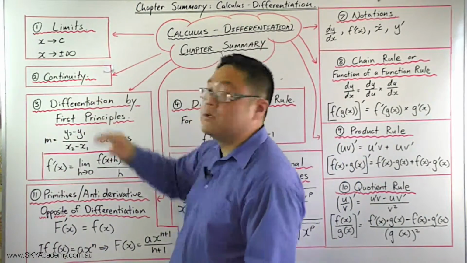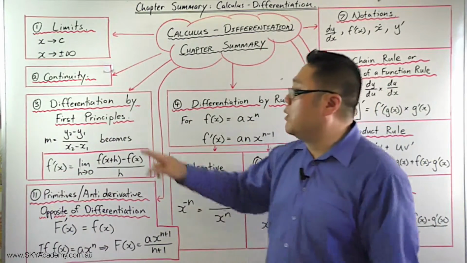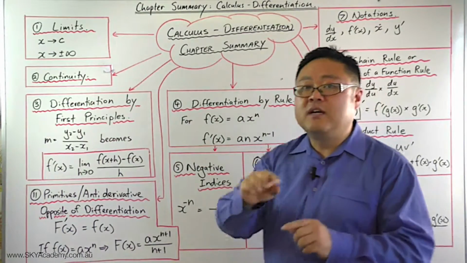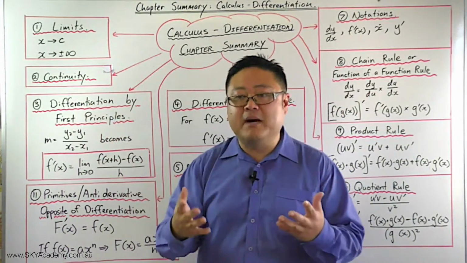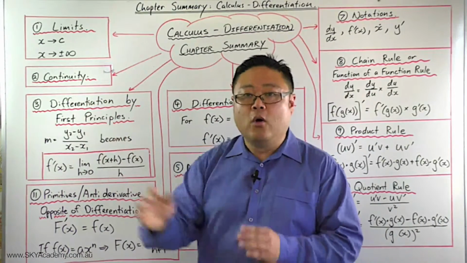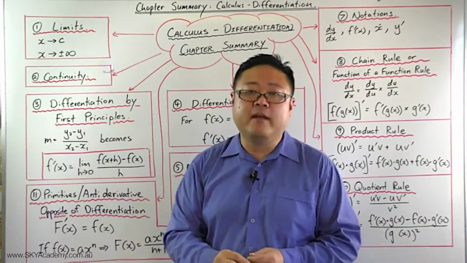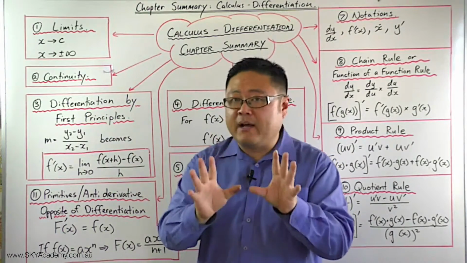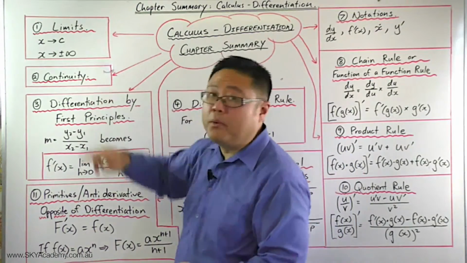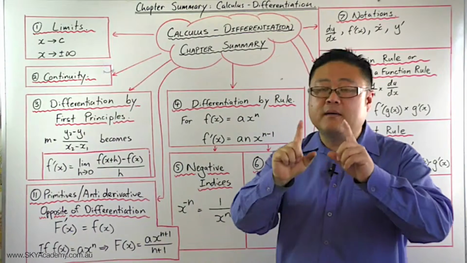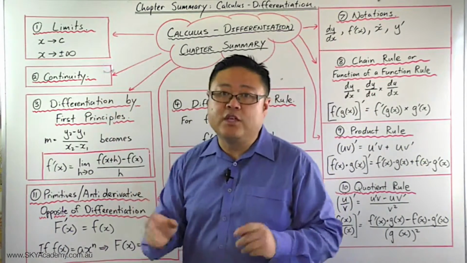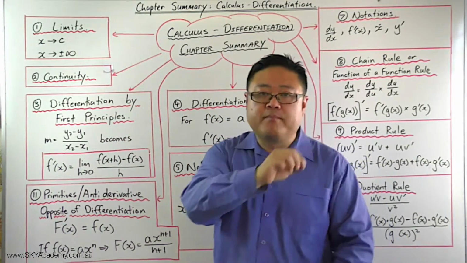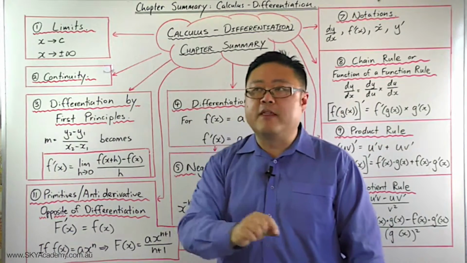The next thing we looked at was continuity, and by continuity what we're looking for specifically is that the function continues on. You can pretty much tell when a function is continuing on, or whether there's a break in the continuity of that function. However, from a mathematical point of view, what we're testing for is not just that the pen doesn't leave the page when you're graphing the function.